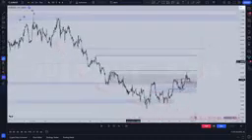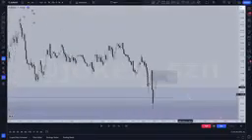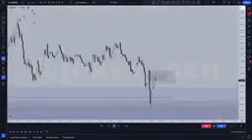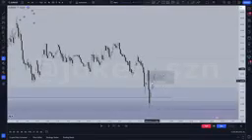So going back to the lower time frames, we want to see now price, and there we go. We have been closing above here, and we also have been closing above the bearish order block here, right?